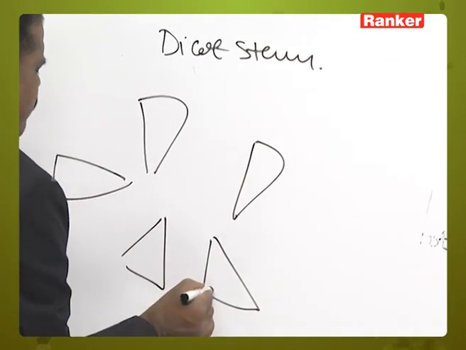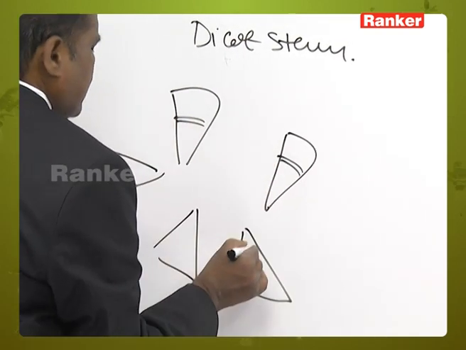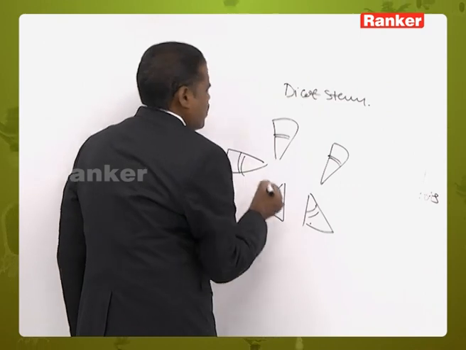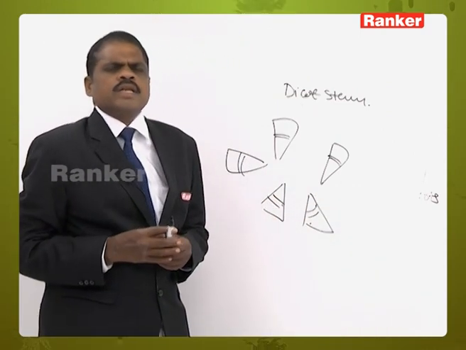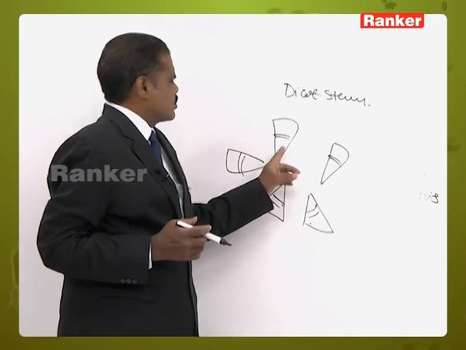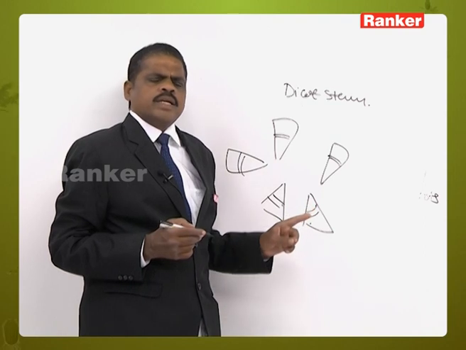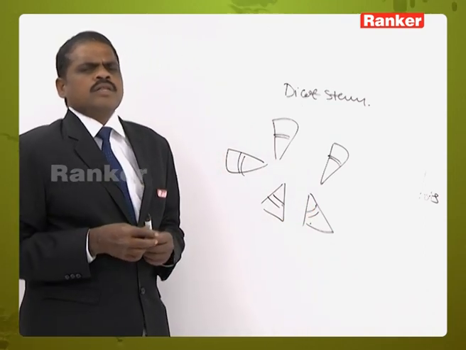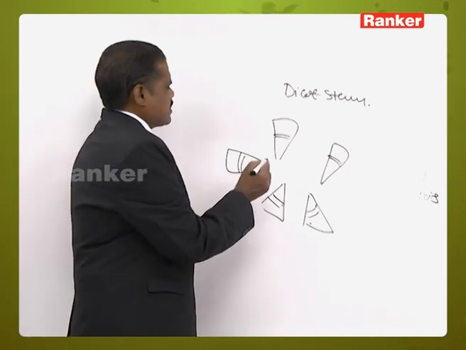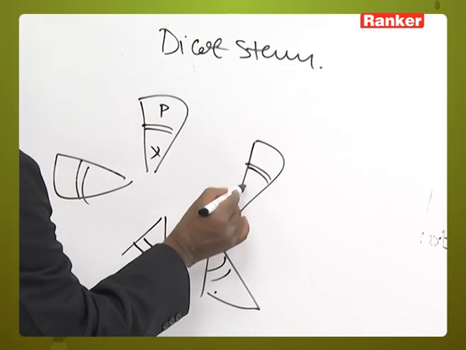This type of stele is called eustele. So many vascular bundles, round about 15 to 20, are present in the form of a ring, that is called eustele. Let us see, this one is the xylem and this one is the phloem.